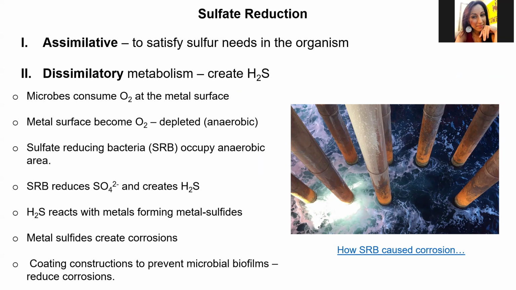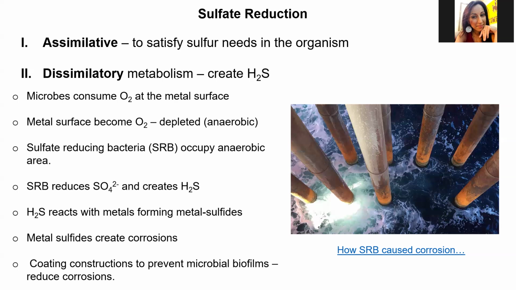So one of the examples where sulfidogenesis is highly important is on the metal surface, usually on constructions of bridges, because microbes located on that metal surface will consume the available oxygen. And when the oxygen becomes depleted, the environment becomes anaerobic. Now, when the environment is anaerobic on those metal constructions, that's a fantastic place for sulfate-reducing bacteria to come.